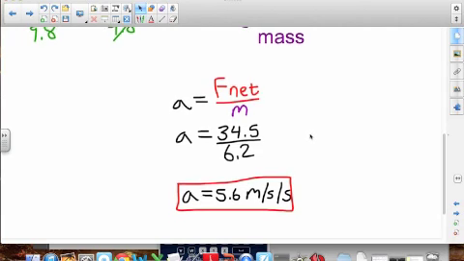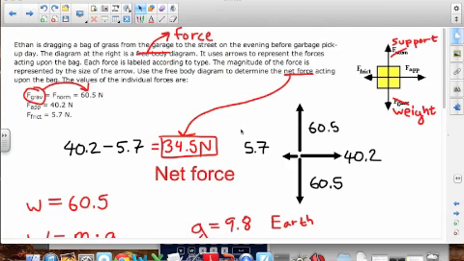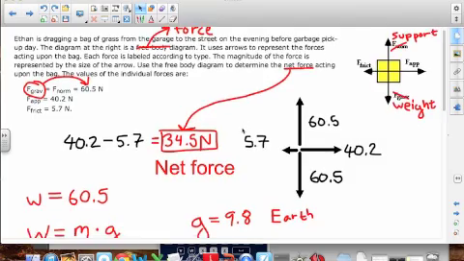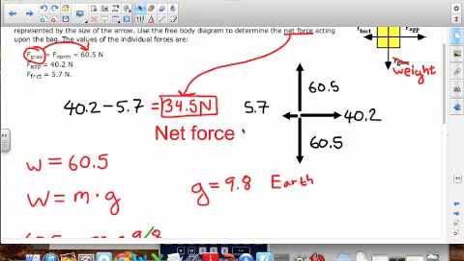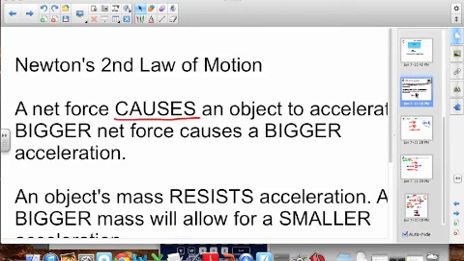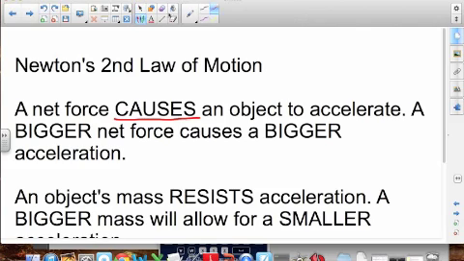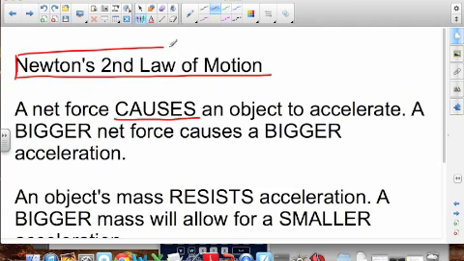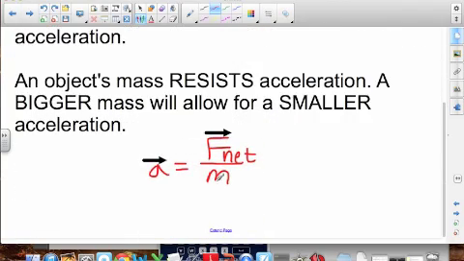But the idea is still there, that we can solve a problem like this and find a lot of different information. So that is it for this video. And again, remember that the key idea that I wanted to get across in this video is that Newton's second law of motion can be represented by this formula right here.